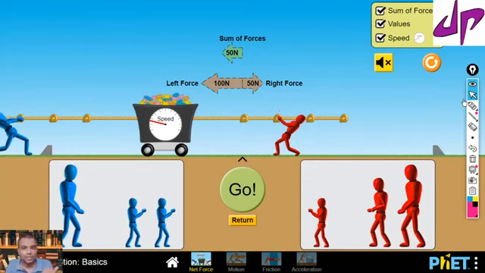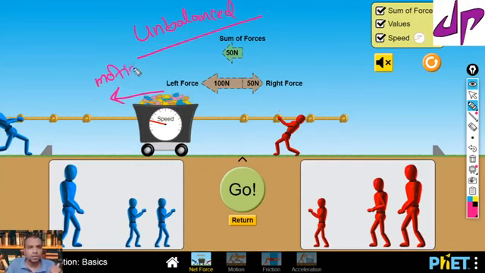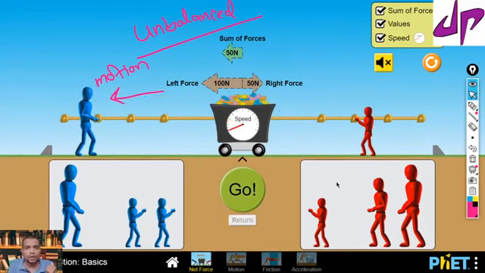In this case, the force is unbalanced. This unbalanced force causes the cart to move. Before, the cart was at rest; now the cart is in motion and it is moving at a certain speed. So unbalanced force causes the object to move or come to rest.